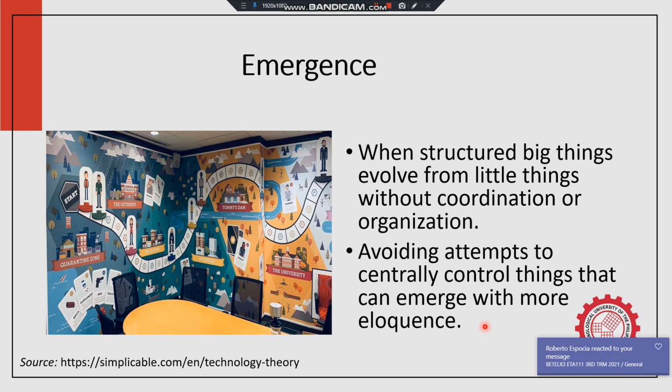So, in this principle, the technology that has emerged or evolved came from small individual parts. Now, they might not be organized. These small technologies were not intended to be grouped together to create this bigger structure of the technology. Okay.